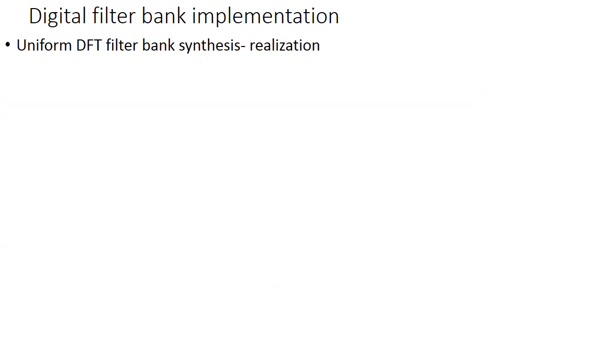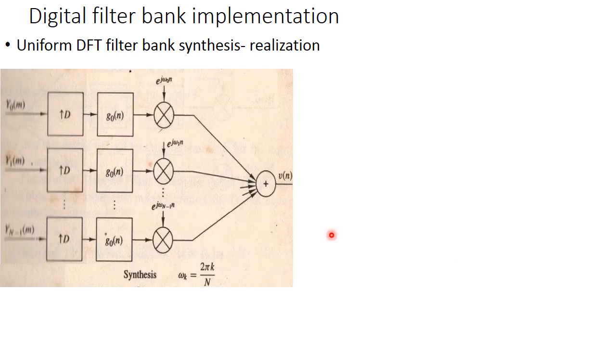Now we'll see how to construct the uniform DFT filter bank synthesis section. As you know, the synthesis section gets the signal back into the time domain. So we need an adder here. It's the reverse process of the analysis section. There we multiplied by e raised to minus j omega k into n factor, and then we had a filter function and a decimator.